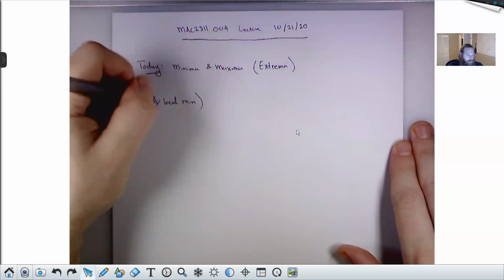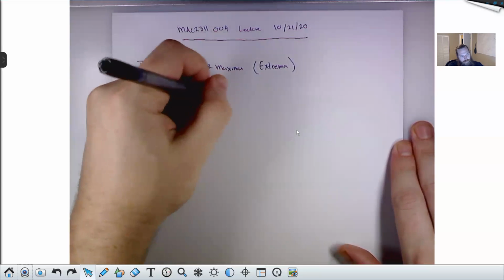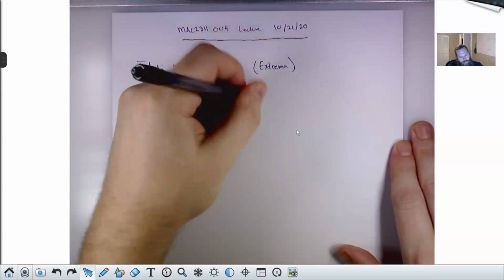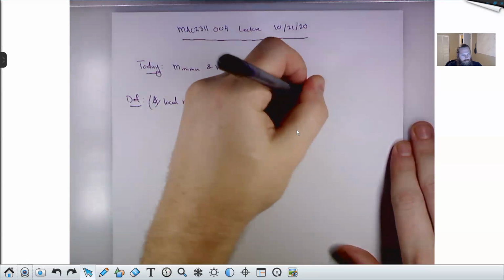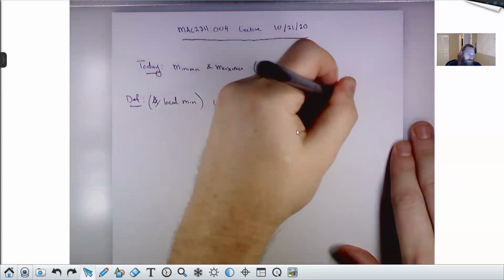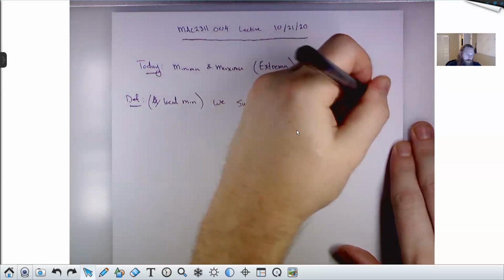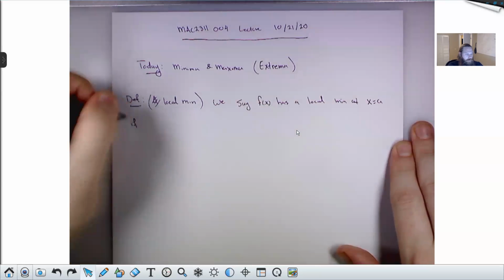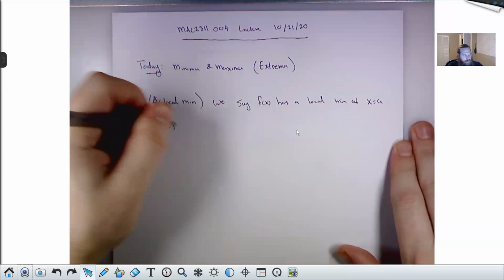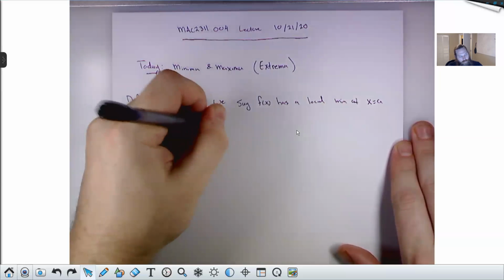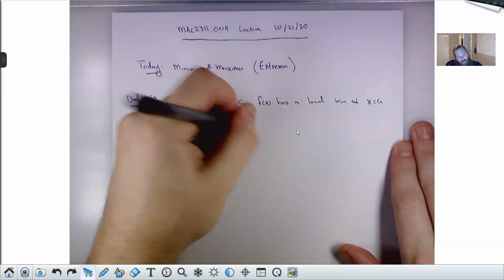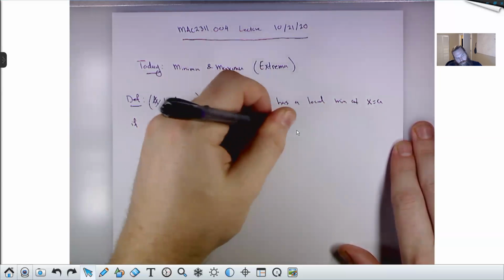Definition of local min: we say f of x has a local min at x equals a if f of a is less than or equal to f of x for all x near a.